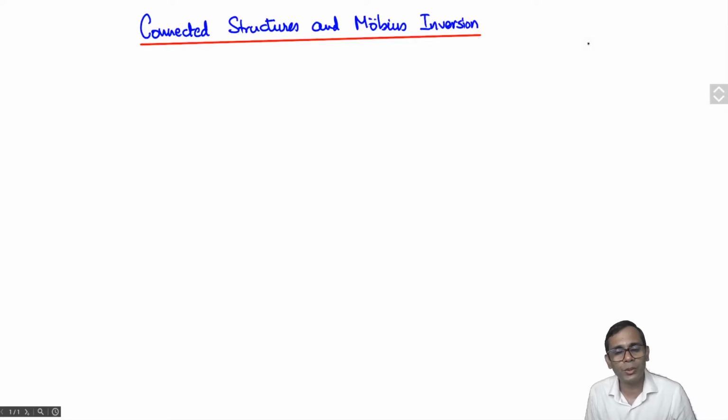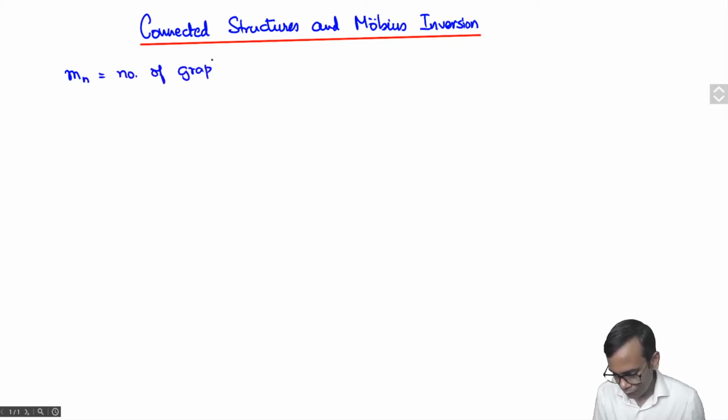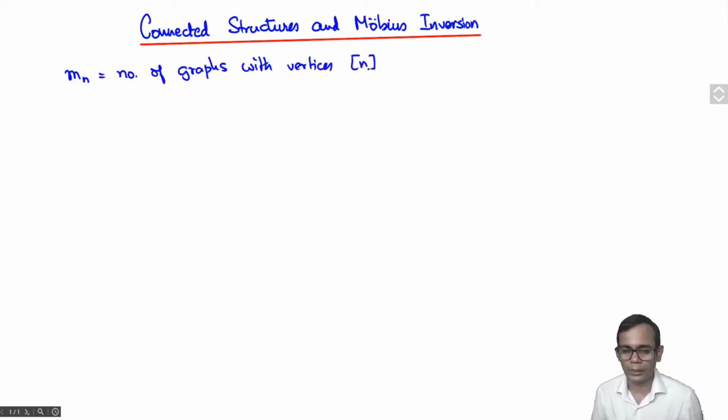In this lecture, I'm going to explain to you an application of Möbius inversion on the lattice of set partitions to the problem of counting connected structures. Let M_n be the number of graphs with vertex set 1 to n.